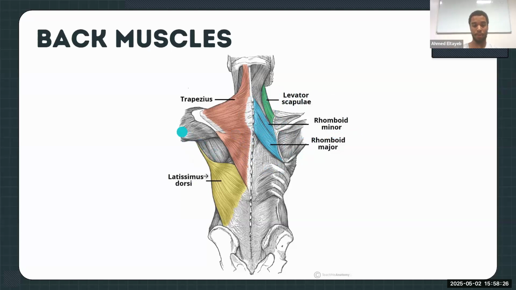And finally, the latissimus dorsi, which we said inserts itself on the bicipital groove of the humerus. It is responsible for extension of the arm, bringing it back, adduction of the arm, and medial rotation of the arm. Levator scapula, rhomboid minor, rhomboid major are all innervated by the dorsal scapular nerve, trapezius by the spinal accessory nerve, cranial nerve 11, and latissimus dorsi, the thoracodorsal nerve.